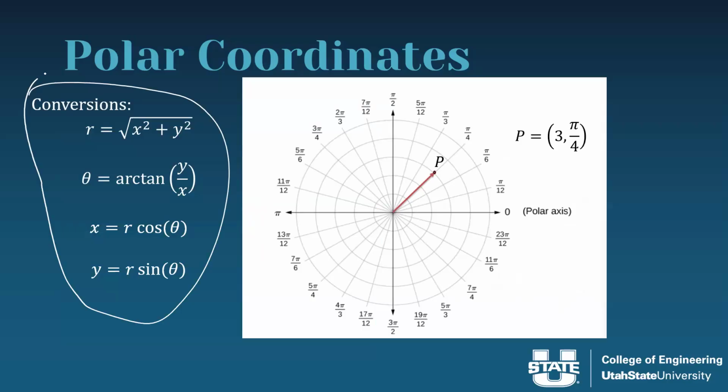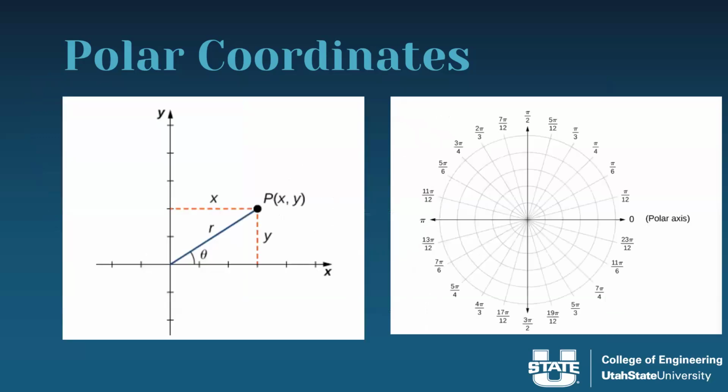And then your x is equal to r cosine of theta, which you can see from here. So this is our x.